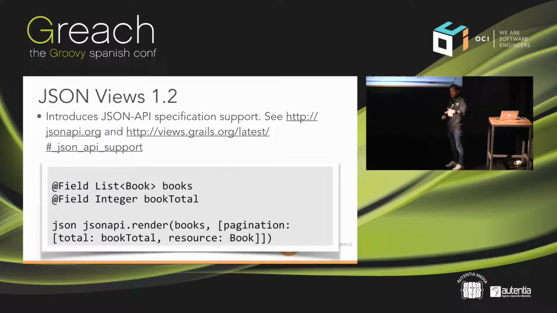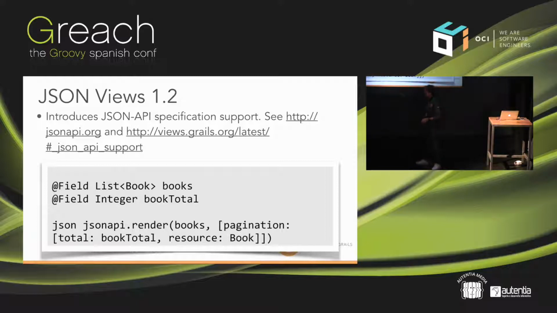And we recently just released, I think last week, a release candidate of JSON Views 1.2, which will be the default version for Grails 3.3, which is coming up soon. And this introduces support for the JSON API specification. So we had HAL support, but there's another specification for a standard format for JSON responses called JSON API. The link is jsonapi.org if you want to read the spec.